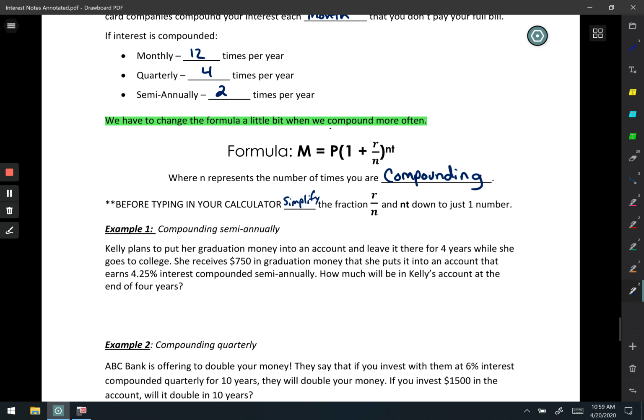I will say this, that I typically don't simplify this portion. I leave the fraction as is, and instead of the ABC button, I use the divide button when it comes time for the fraction. And to simplify down, I'll show you what I mean by that in our example.